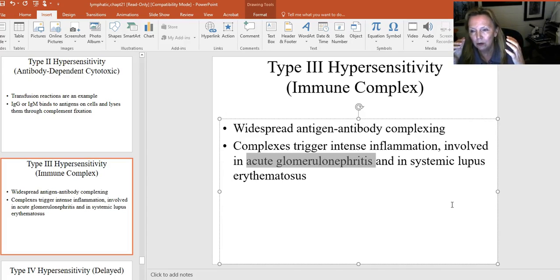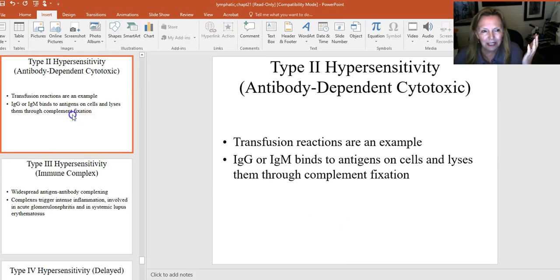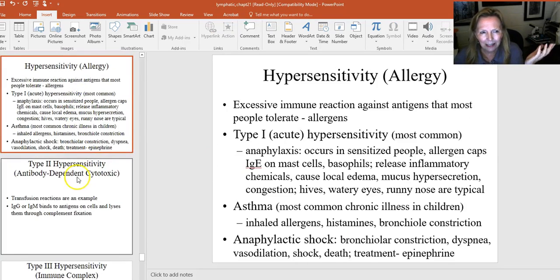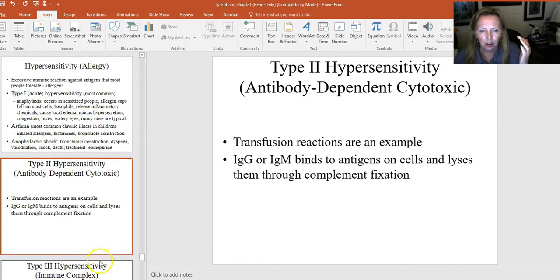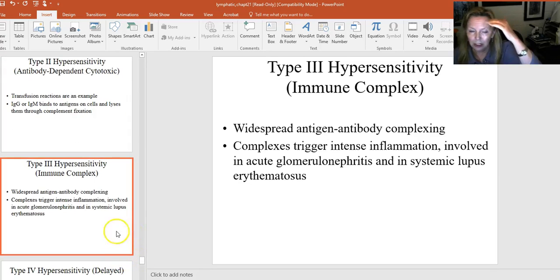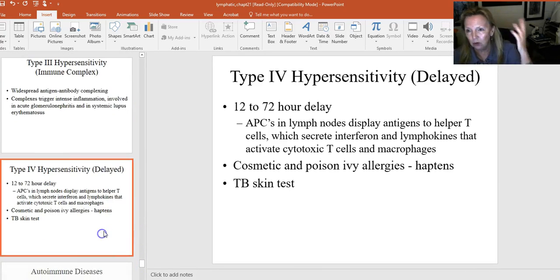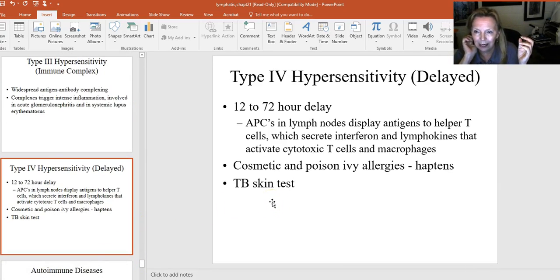In lupus, it's going to be against your connective tissues. In type 1 diabetes, it's going to be against those beta islet cells of the pancreas. So these four classes are all related to your immune system being too much. And actually, we do know about them, and we do know it can actually happen. So we look for these types of things to be happening.